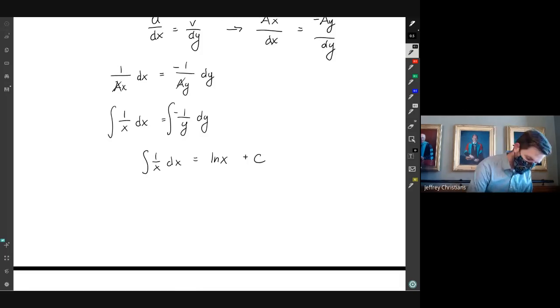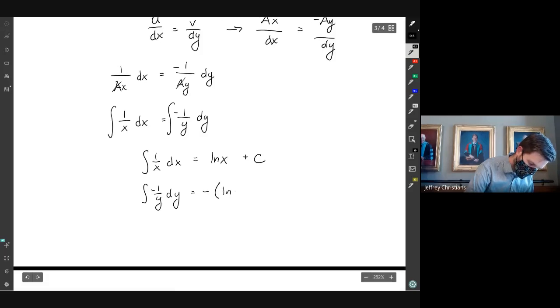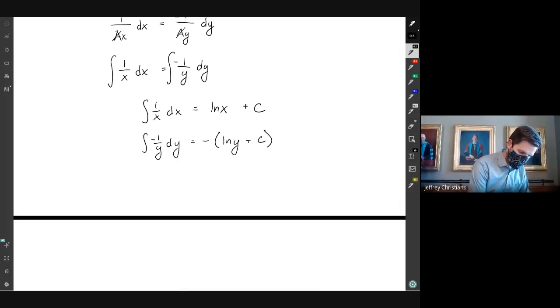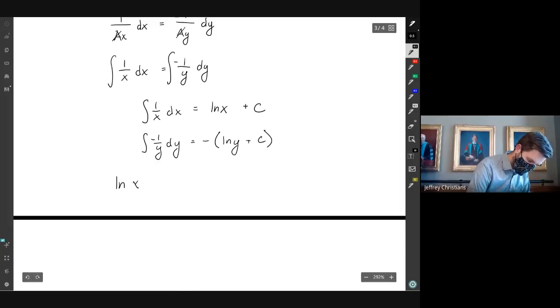Then the integral of negative 1 over y dy equals negative ln of y plus c. So our equation is ln of x plus c1, and we'll call that c2, equals negative ln of y minus c2.